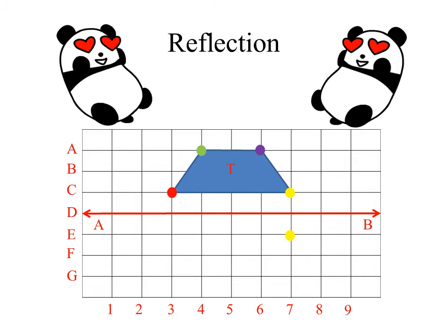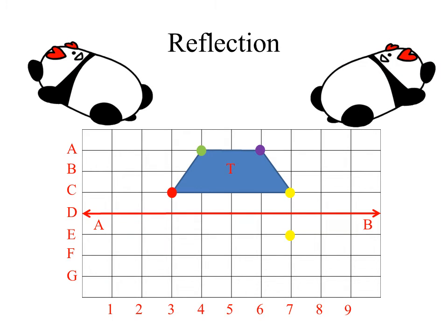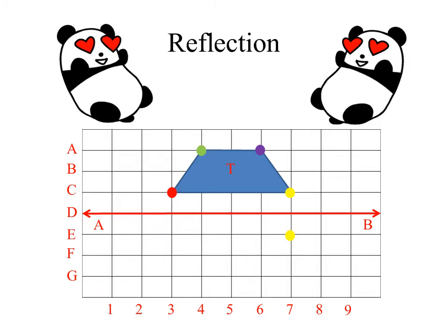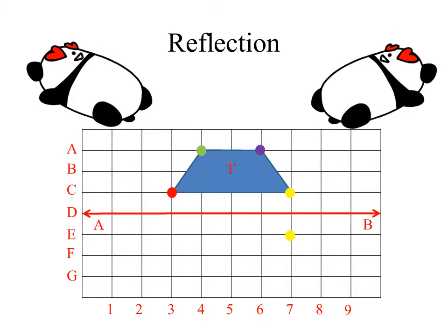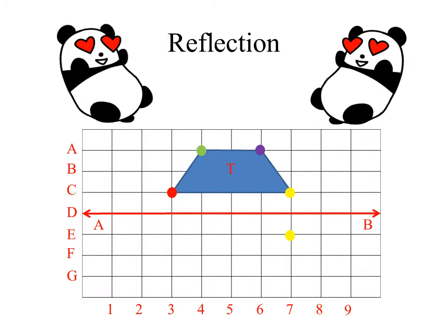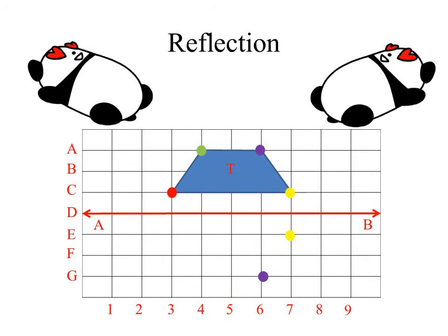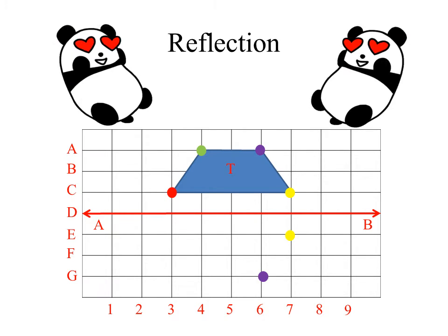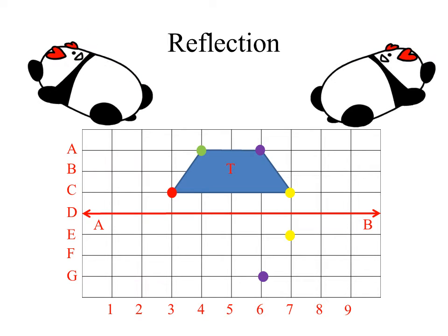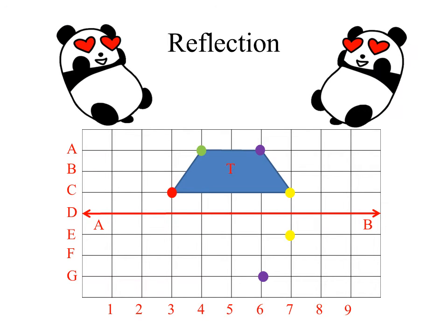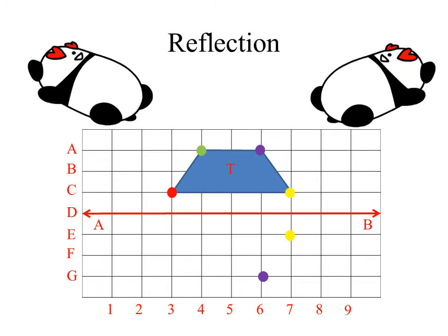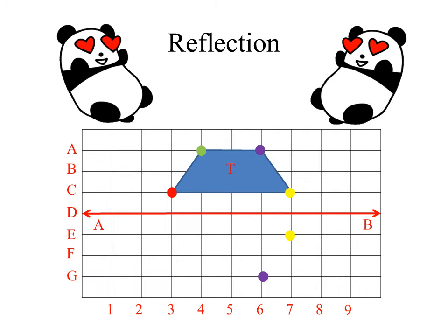Next one, the dark blue or purple point. Where is that moving? If you said G6, you would be correct. It is moving 1, 2, 3 units to our axis of reflection and 1, 2, 3 units beyond.